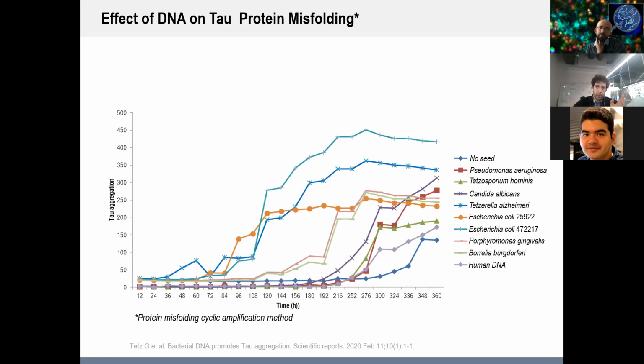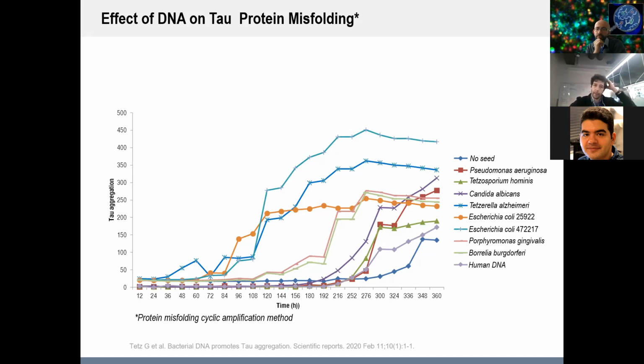The goal here was to show that bacterial extracellular DNA could significantly accelerate tau aggregation, and this slide actually shows that. We use the amyloid-specific fluorescent dye thioflavin T, and its fluorescence increases as tau or beta amyloid fibrils aggregate. But this study is only for tau protein.